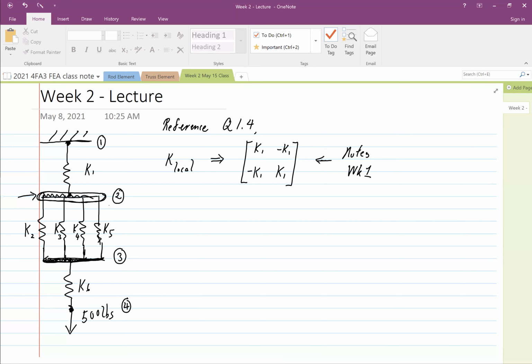But what is the stiffness for this? So let's assume that it's called K big. So you can join them together as a stronger spring.